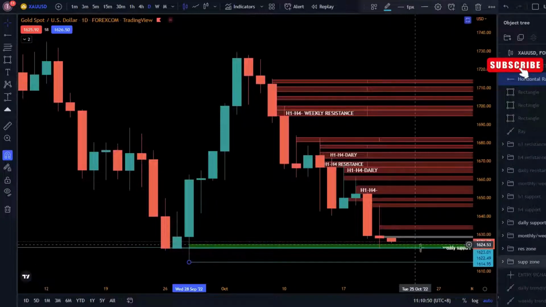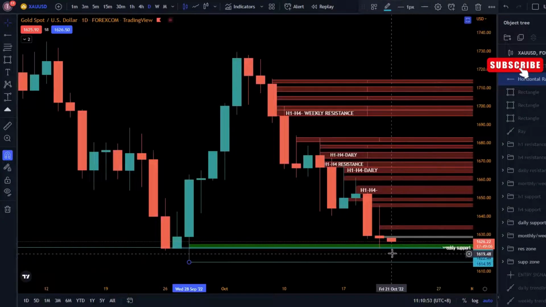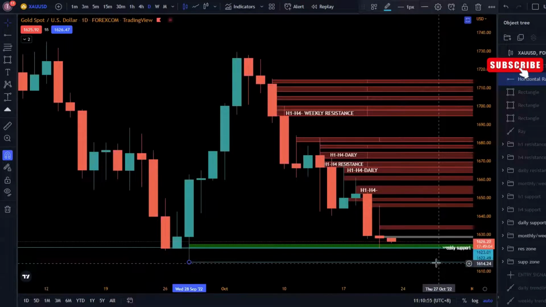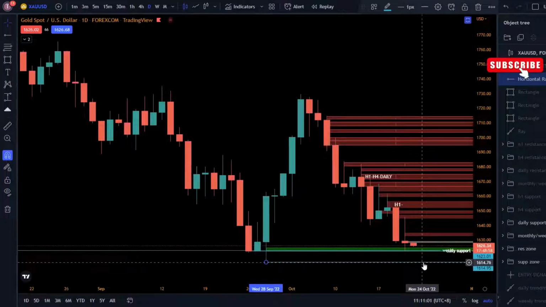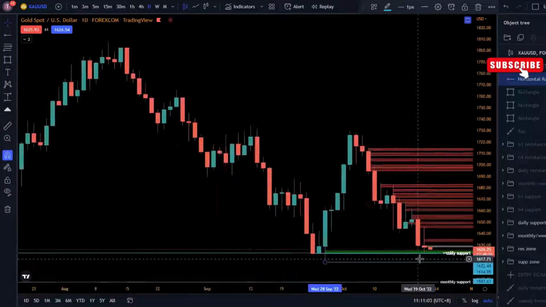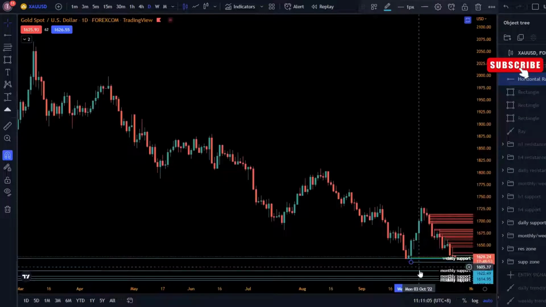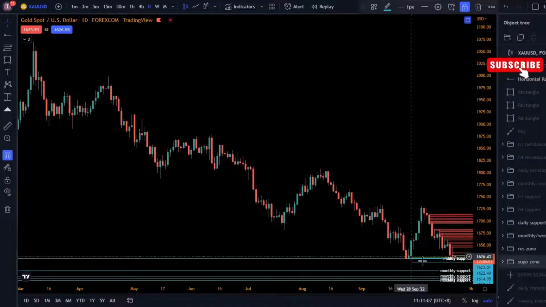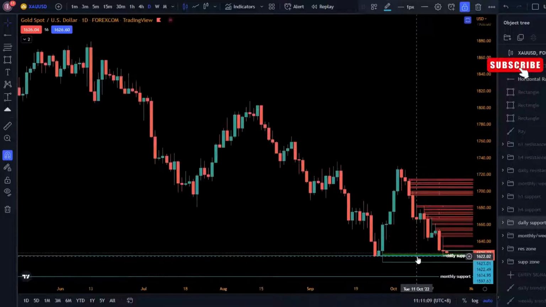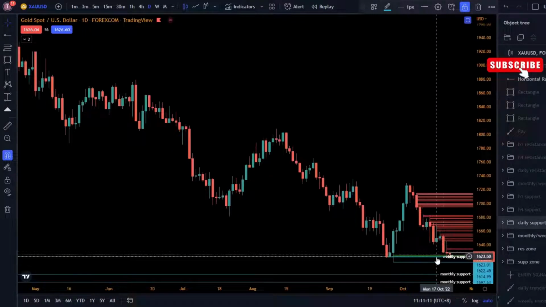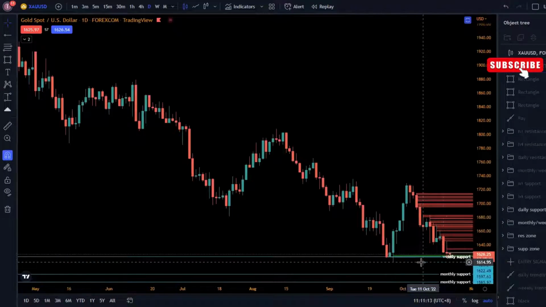If the price today goes lower than this, or if the price next week goes lower than this, then I think the gold will fall down even further, and eventually going to the next support, which is the monthly support. So that is 1,622. So that's that.